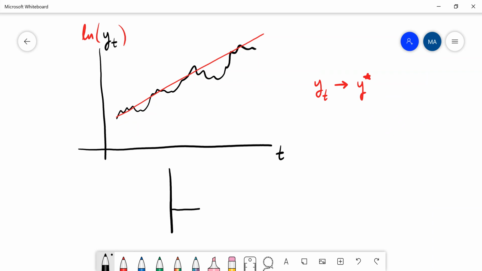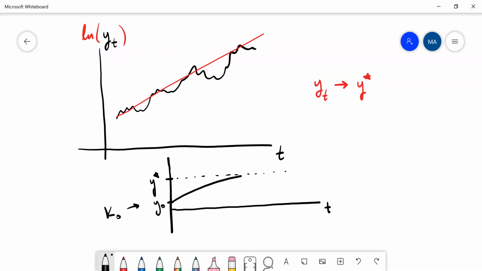You can do it in Excel, by the way. So you will have something like this. So there is this y*, okay, and suppose that initially you are here, depending on, of course, k0, you will have something like this, and then it will be constant.